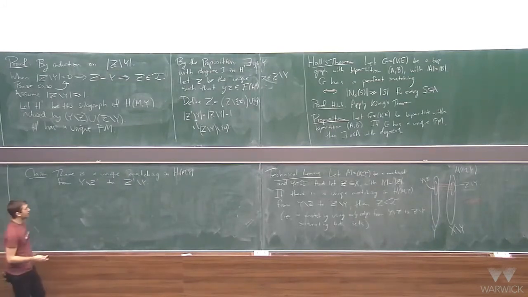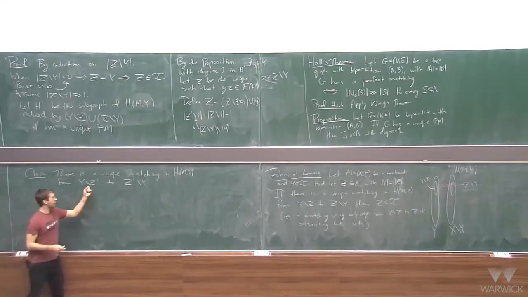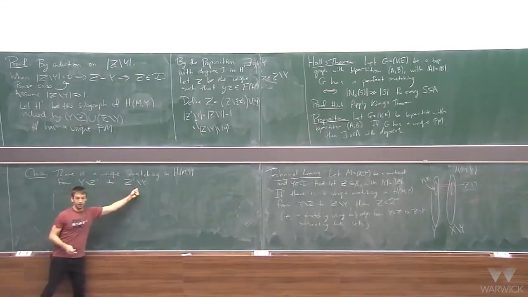But this is actually not hard to see, because if there wasn't, then you'd get another matching from Y minus Z to Z minus Y.